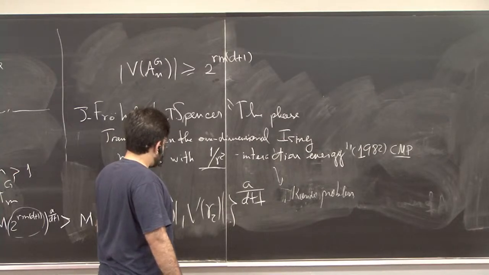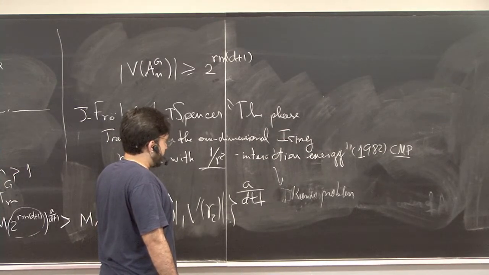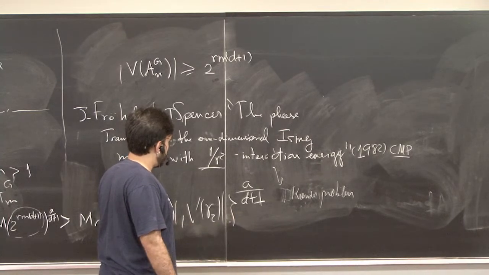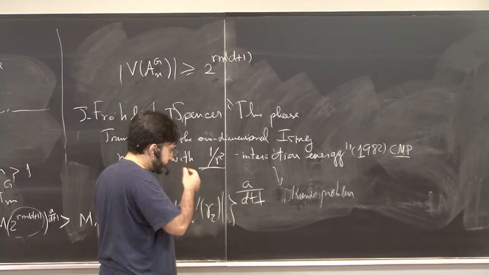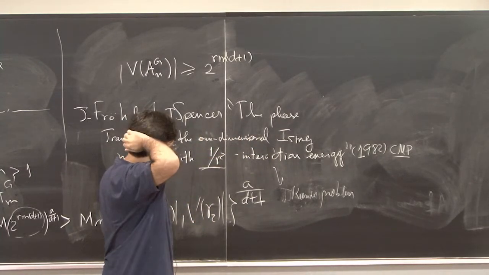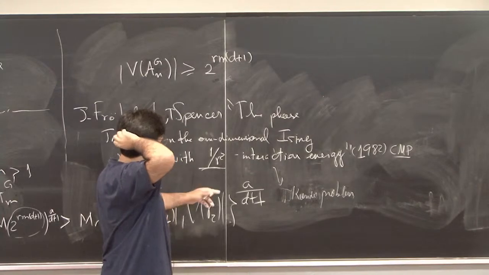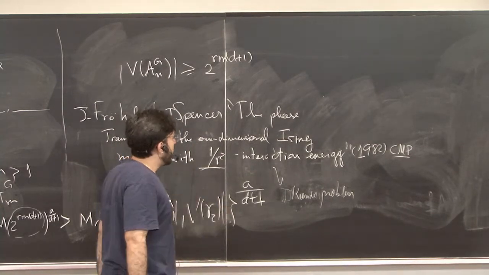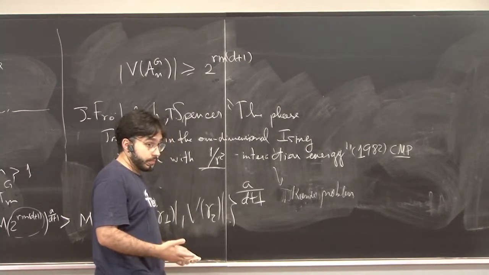Okay, and there was another very important conjecture in another part of the theory related to Ising models, not long range, only nearest neighbor, but with a random magnetic field.